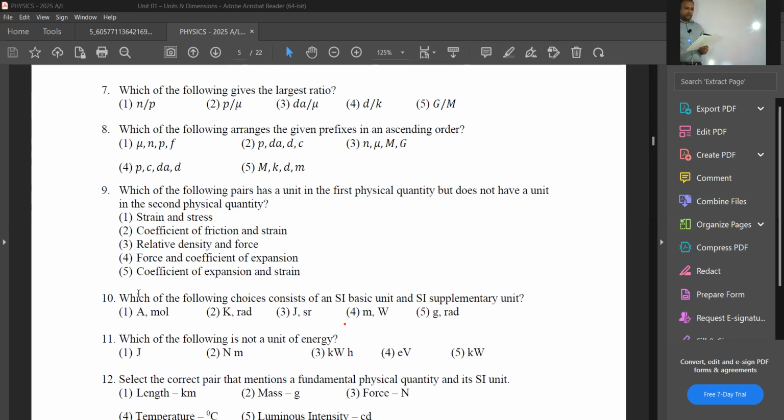The answer is equal to 5 because this physical quantity strain doesn't have a unit, and stress does have a unit.